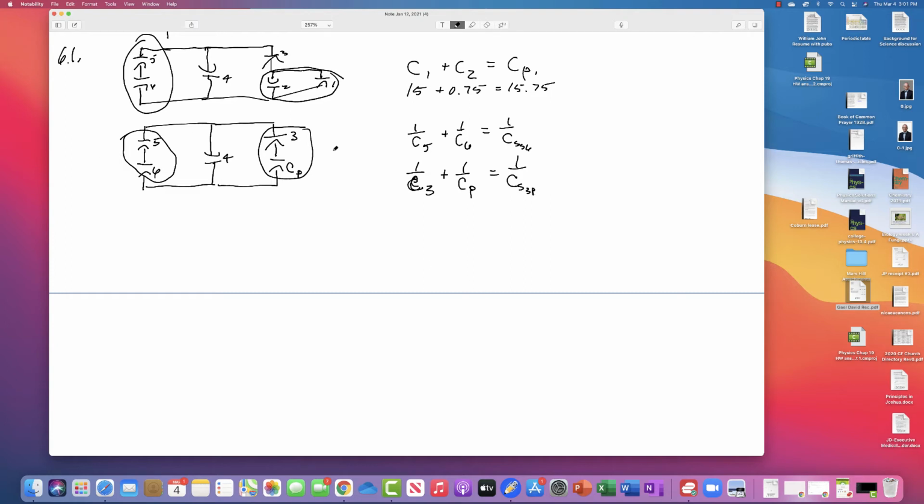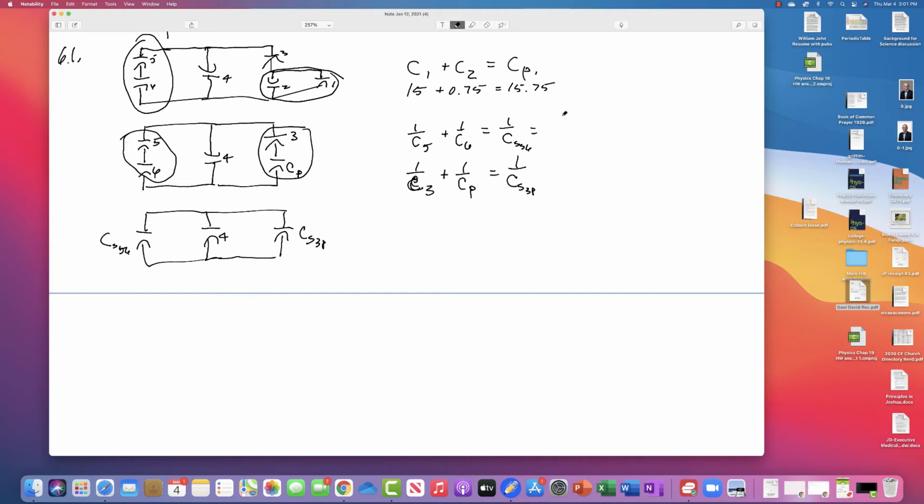Okay, so when you do those two calculations, you'll end up with 1 over here, 1 in the middle, and 1 on this side. The 1 over the middle is going to be C4. The one over here is CS5,6, and the one over here is CS3P.